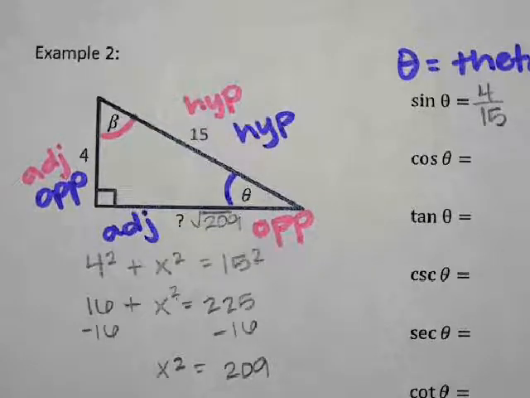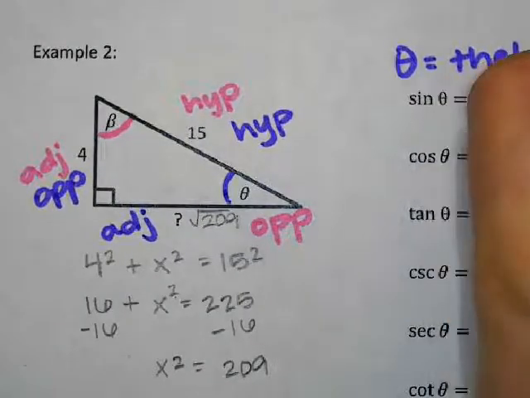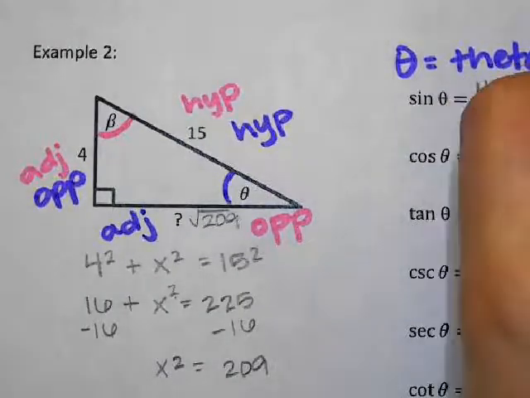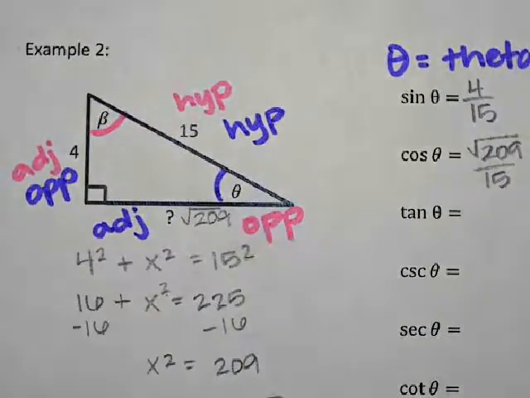Adjacent over hypotenuse. Yep, root 209 over 15, okay? And then tan of theta would be 4 over root 209.